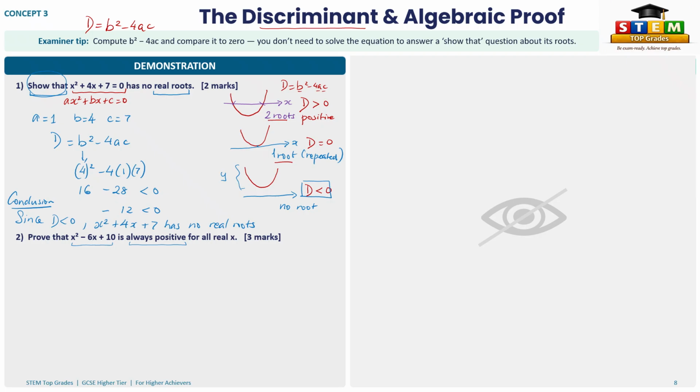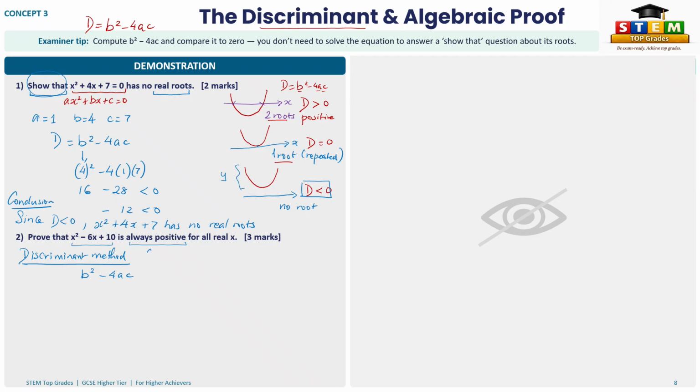Either we use the discriminant method or we can use the completing the square method. So let us choose the discriminant method. Okay, so we're going to work out b squared minus 4ac.